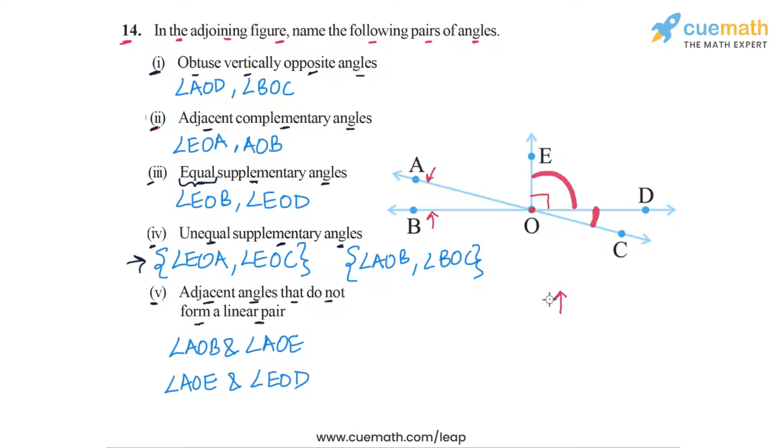These two angles add up to angle EOC, which is again less than 180 degrees. So a third possible pair here could be angle EOD and angle DOC. So these could be the answers for part 5. With this we have completed question number 14.